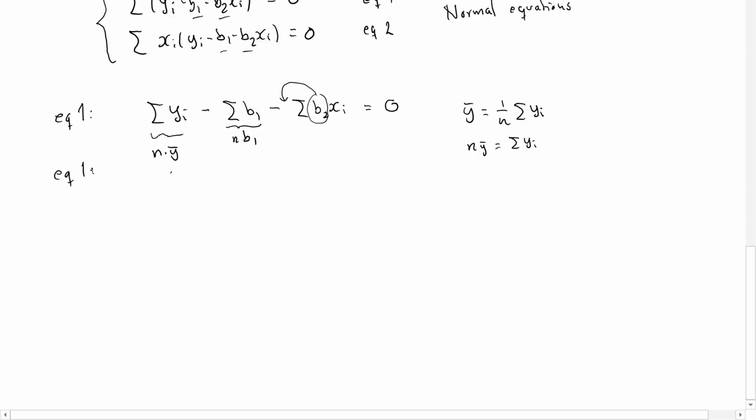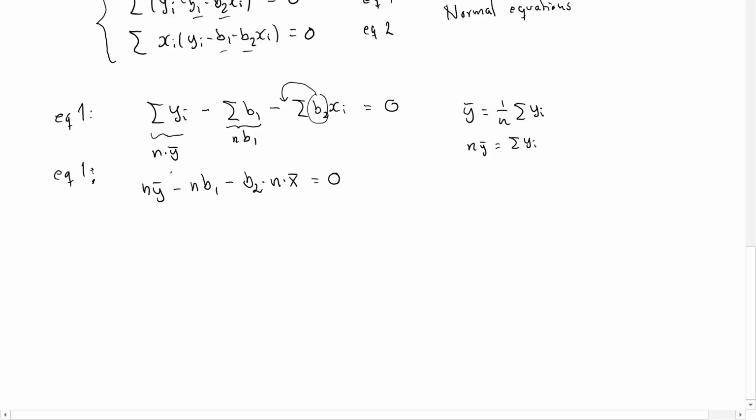So the sum of all yi is n times y bar. So equation 1 you can write as n y bar minus n b1 minus b2, and then I have summation xi, which I can write as n times x bar. That should be equal to 0.